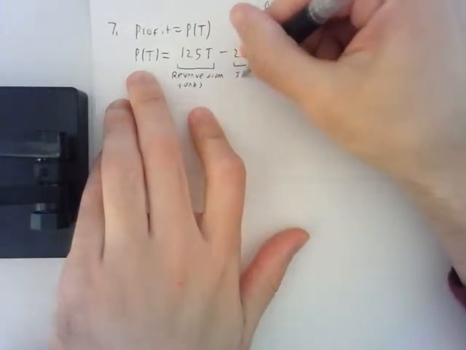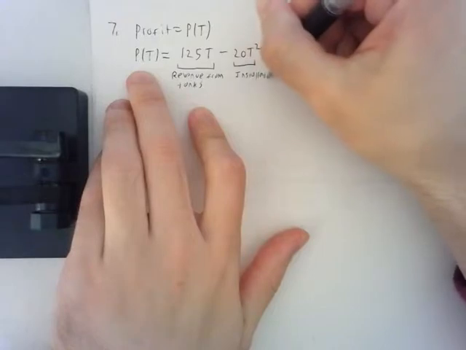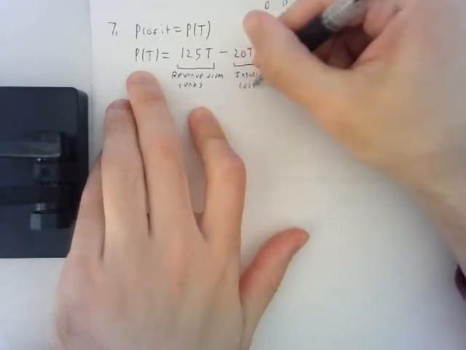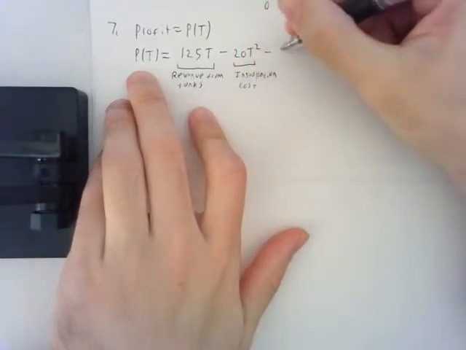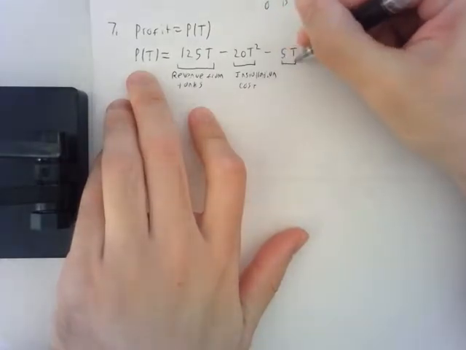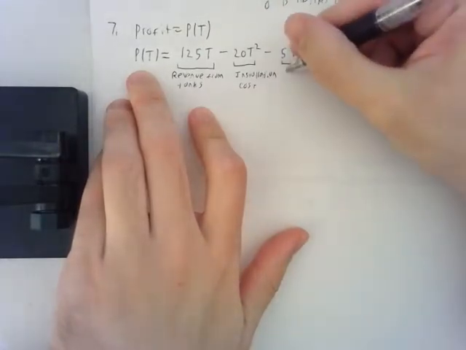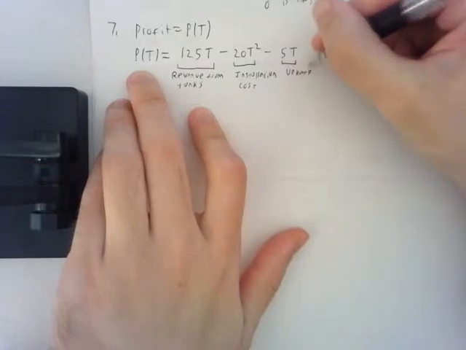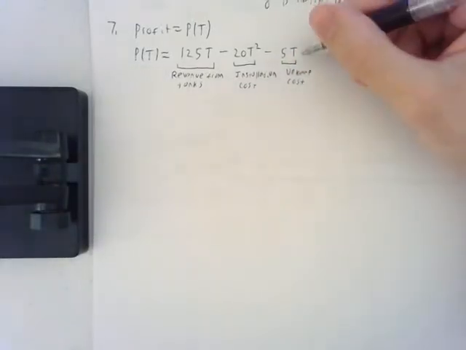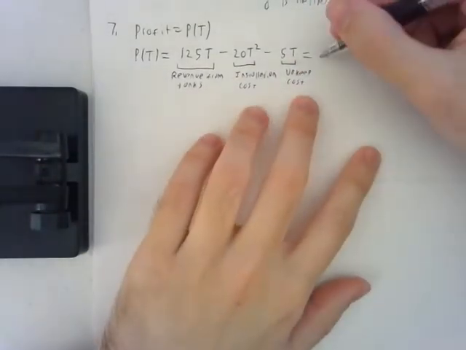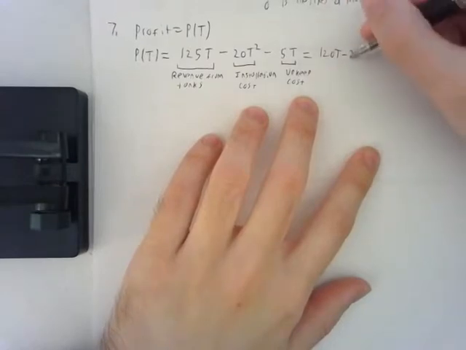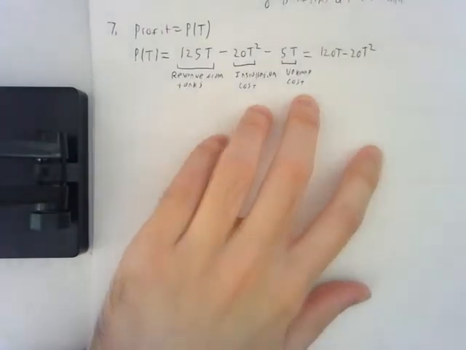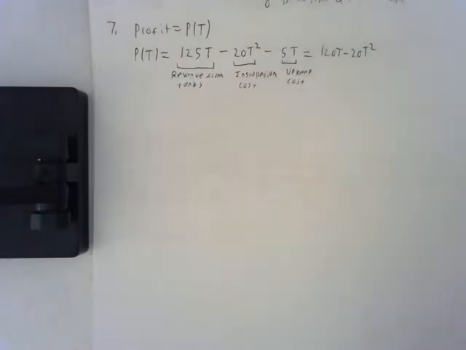This is the installation cost of T tanks, minus 5T. This is the upkeep cost, or maintenance, I called it in the problem. If you simplify this a little bit, you'll get 120T minus 20T squared. So this is our formula for the profit.